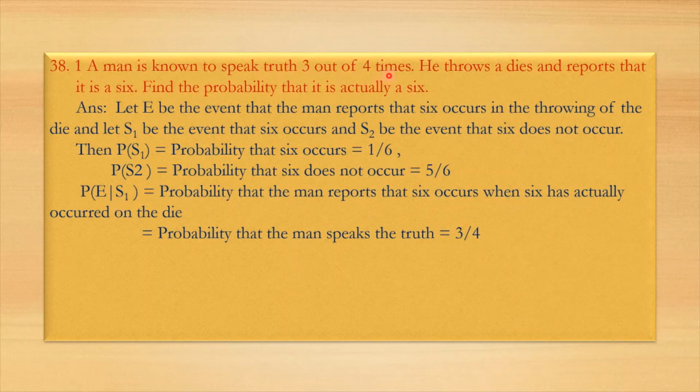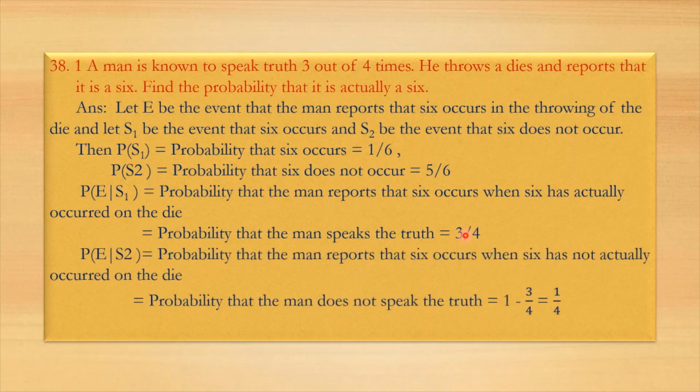Truth means 6 actually fell and he reported 6 also. So the truth is 3 by 4. Then the probability that he reports it is 6 but it was not a 6 is definitely 1 by 4, because he speaks truth 3 out of 4, so the untruth will be 1 by 4.